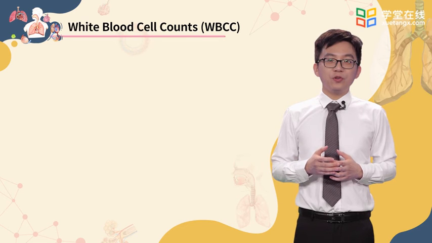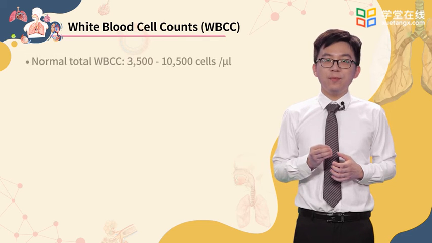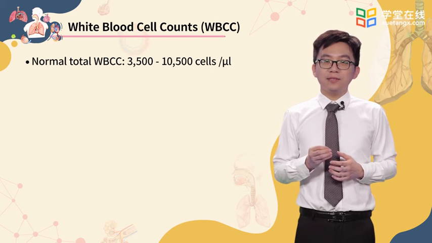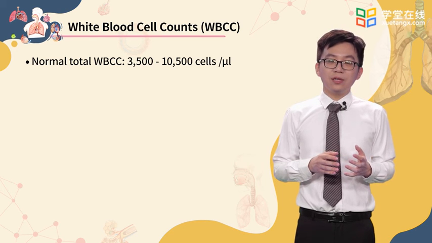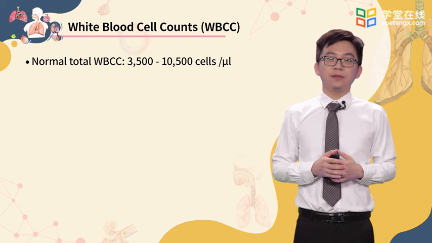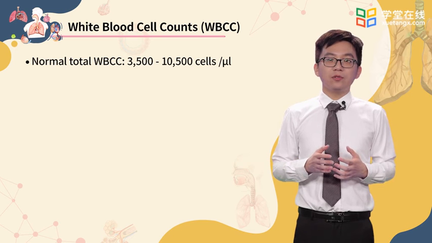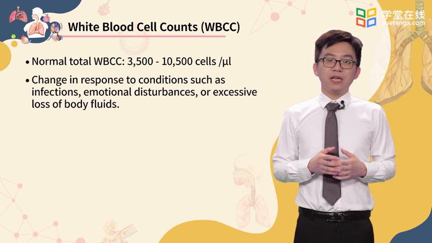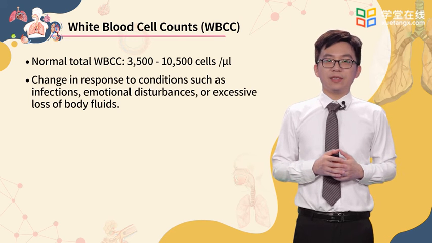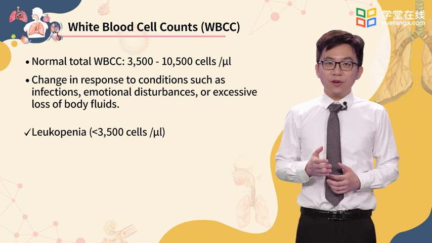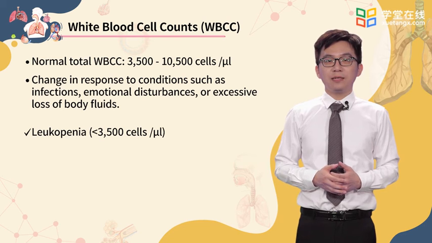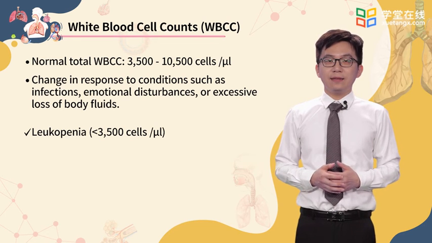The number of leukocytes in a microliter of human blood, called the white blood cell count, normally is 3,500 to 10,500 cells. White blood cell counts are of clinical interest because their number may change in response to abnormal conditions. A total white blood cell count below 3,500 per microliter of blood is called leukopenia.